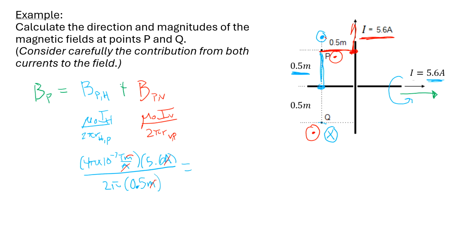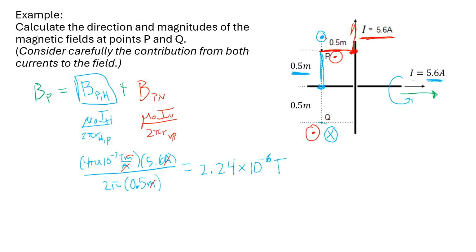I do end up with Teslas, which is what I'm expecting this magnetic field to be. But I got 2.24 times 10 to the minus 6 Teslas as being the magnetic field from the horizontal.